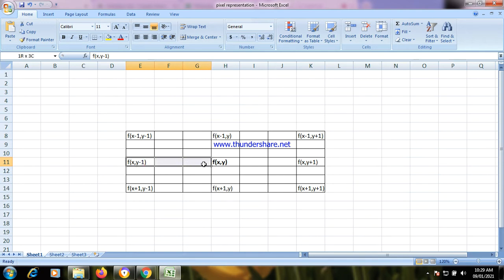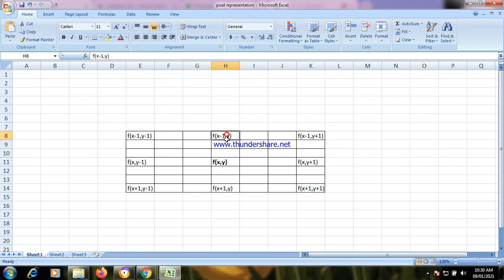If we check the second row, along this row the x coordinate will remain the same, only the y coordinate will change. So here this is x, f of x, this is y minus 1, y plus 1.